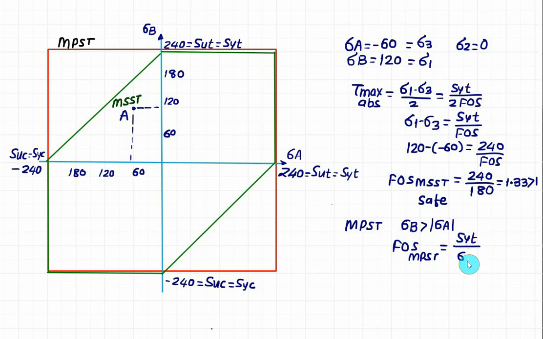Sigma B is the largest principal stress. So SYT is equal to 240 and sigma B is equal to 120. What we observed here is that we are getting the higher value of factor of safety.